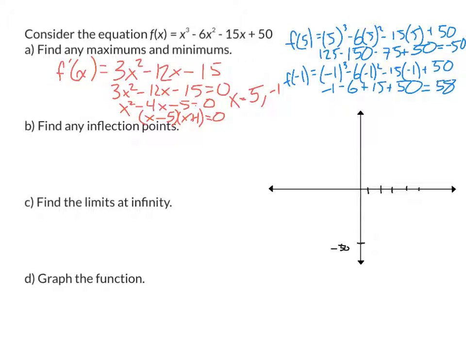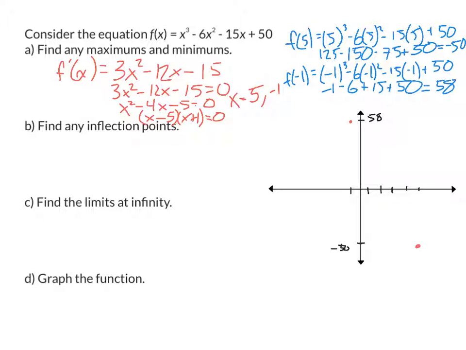And then over where x is negative 1, we'll have a maximum of 58. So we'll say our 58's up here, and we have our maximum there.